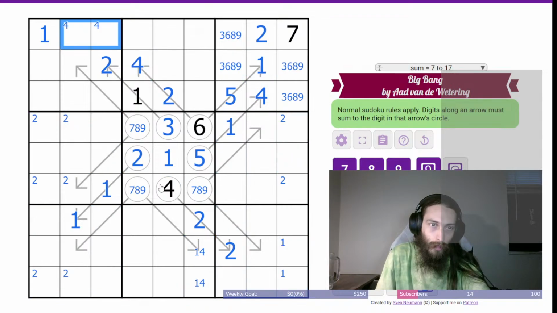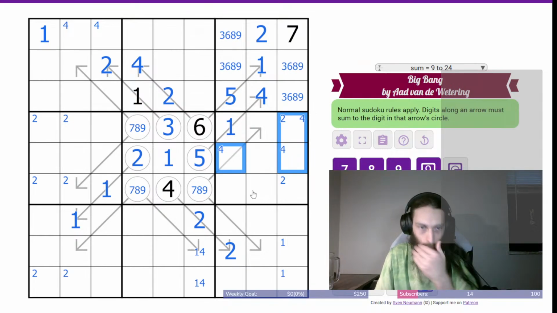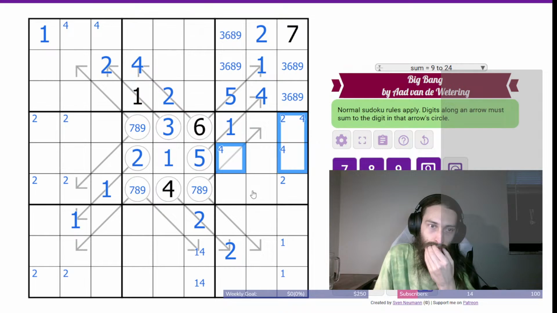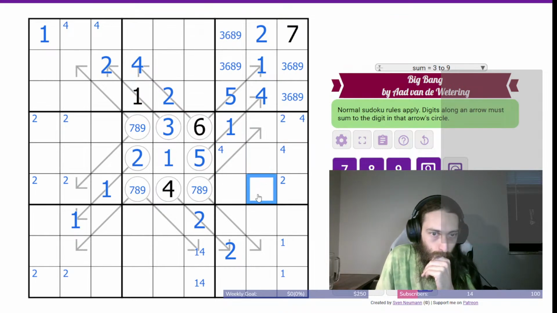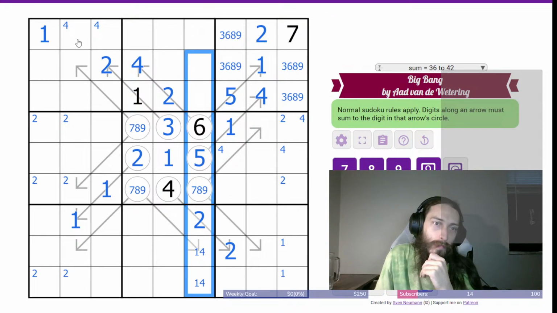Fours aren't that exciting. We'll mark there, and so go ahead and mark here. In box 1 on the arrow.